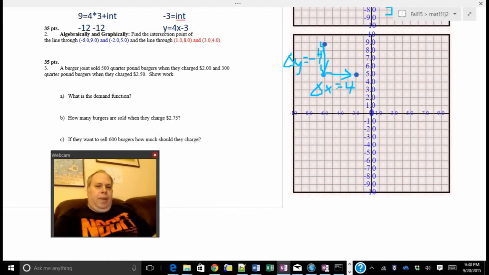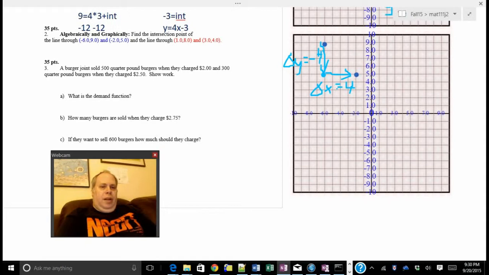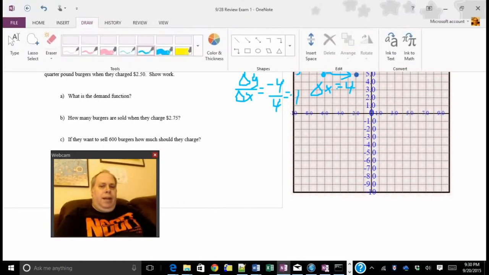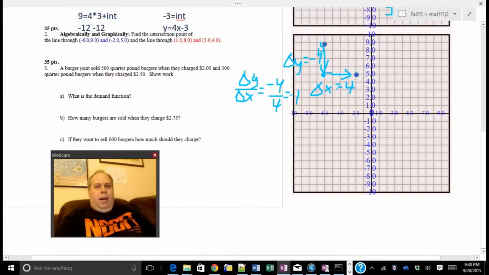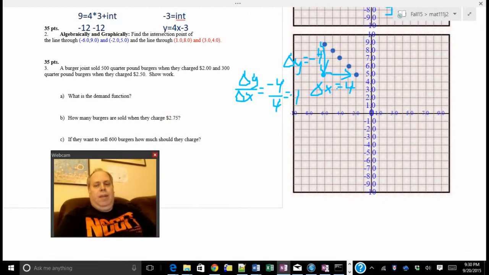So, for the blue function the slope will be delta y over delta x equals -4 over 4 equals -1. So that means I'm going to be able to go over 1, down 1, over 1, down 1, and I hit the same point.